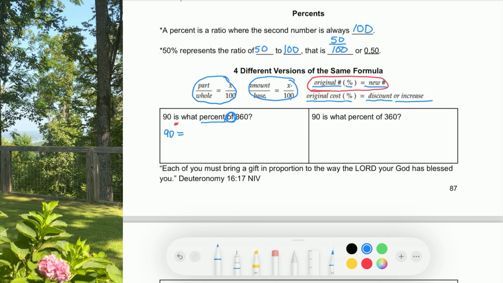So 90 is what percent? We don't know what percent of 360. 360 is the original number. So I'm going to have 360 times the percent that we don't know. And I need to give it a variable. I'm going to use x. So 90 is what percent of 360?